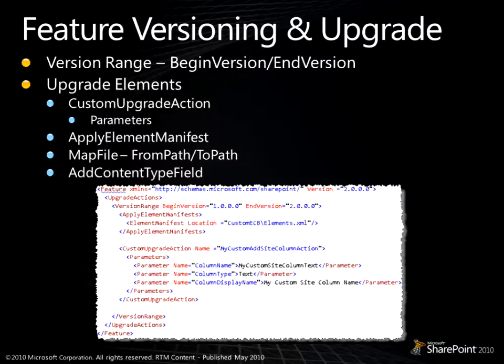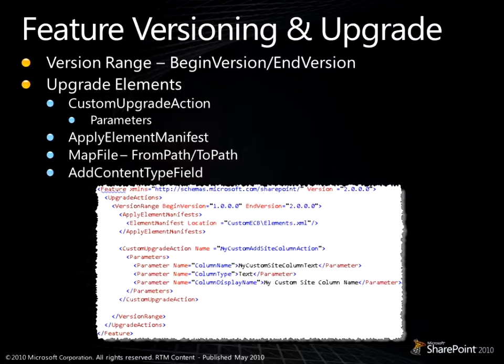We have the add content type field functionality, which can be used to add a new field to a provisioned content type. The element takes a content type ID, field ID, and a push-down option, which denotes if the system should propagate the changes to child lists and content types.